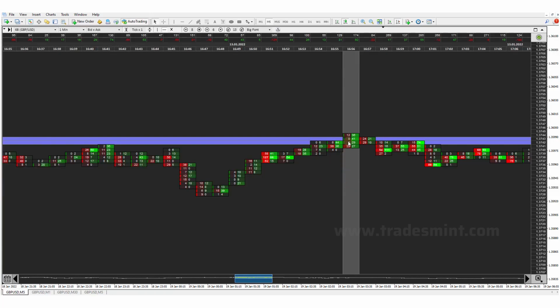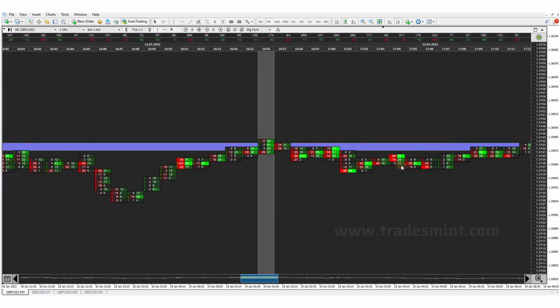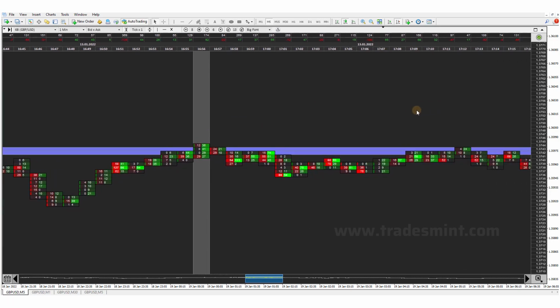So what I'm looking for is to see 2 times lower volume than appeared on the imbalance candle. Yes, here we have 174. So I'm waiting for a retest, when price will come back, to get a safer entry, and I'm looking at the volume.